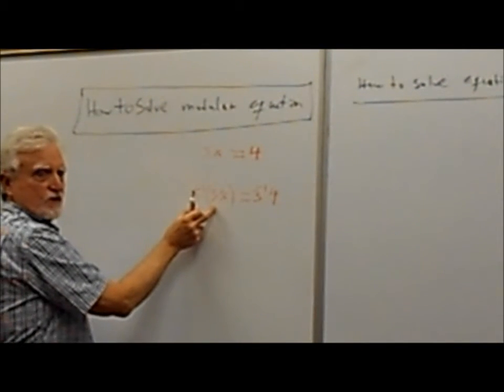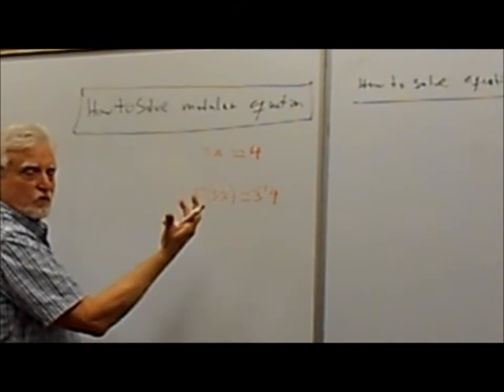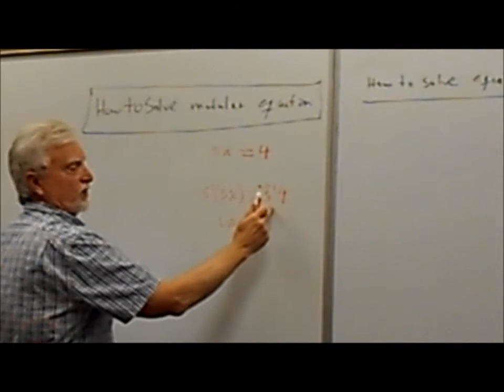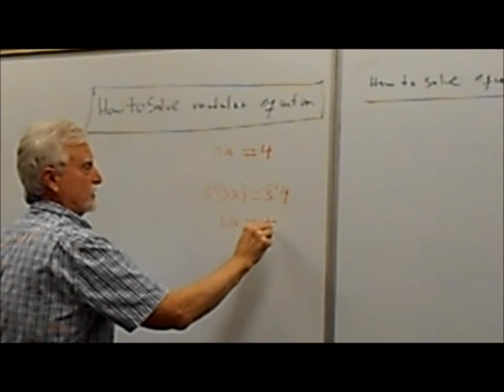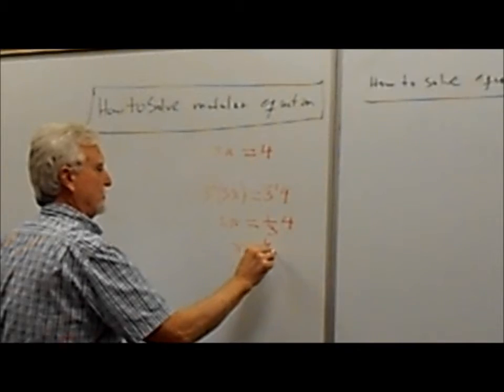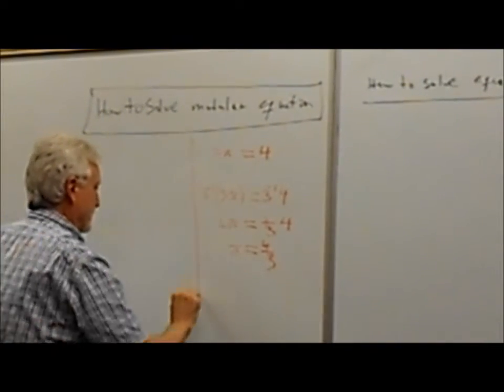And multiplicative inverse is, by definition, the product is 1. So this is 1x. We happen to know that 3 to the minus 1 is 1/3 times 4. So the solution here is x equals 4/3.